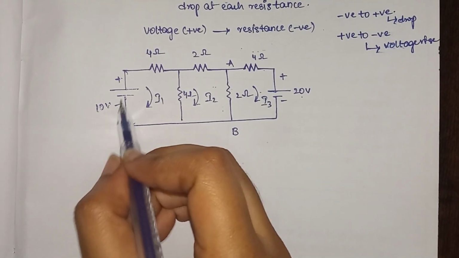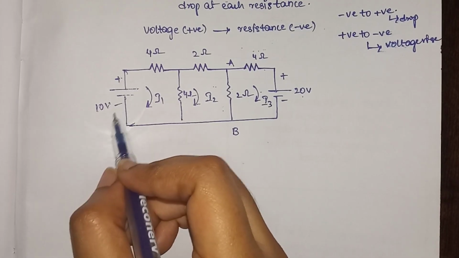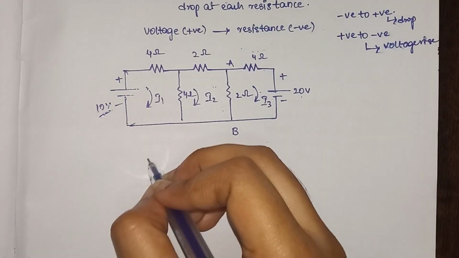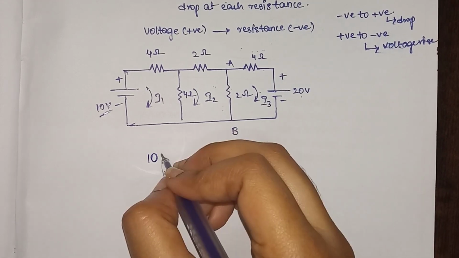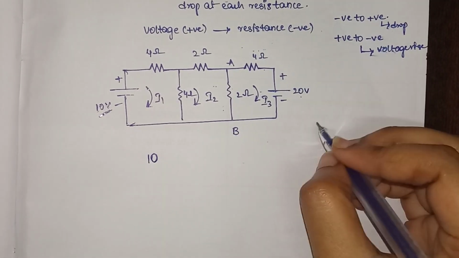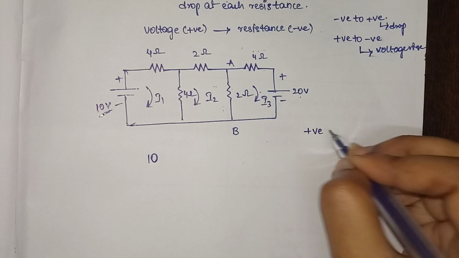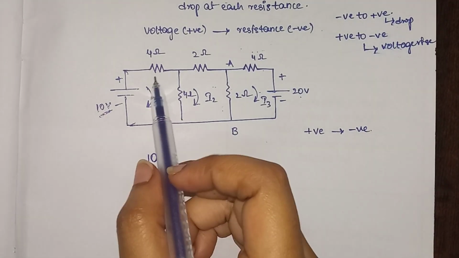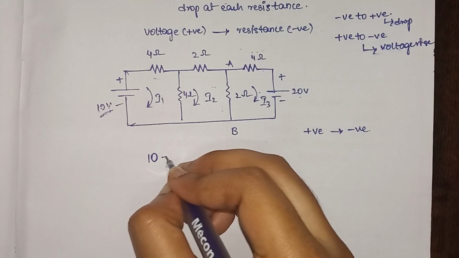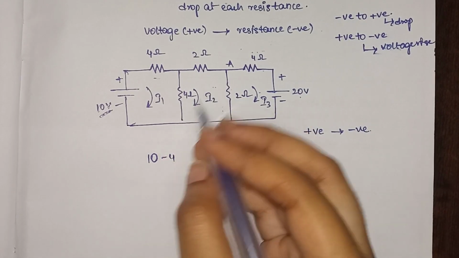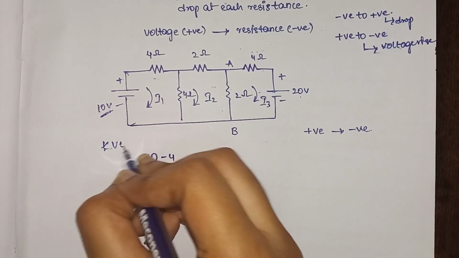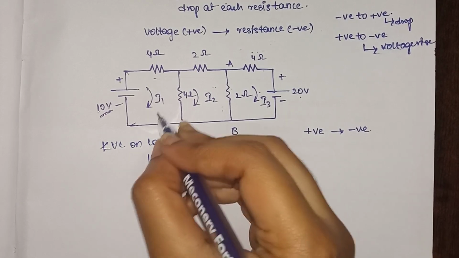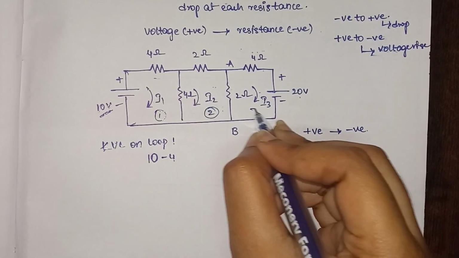Since our current is flowing from positive to negative, we will start from this particular point. So our voltage is 10, and I already told that since we are taking our voltage as positive, our resistances will be in the negative direction. So this will be -4, and for which loop? KVL on loop 1. So this is loop 1, this is 2, and this is 3.